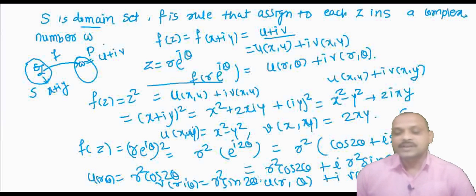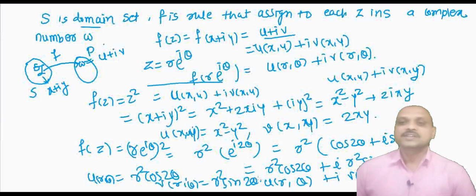So this is a very simple example of a function. Remember that a function is nothing but a rule between two sets with the condition that to each member of a domain set there is a unique member of the codomain set. Whenever such a type of relation is satisfied, then that rule is called a function.